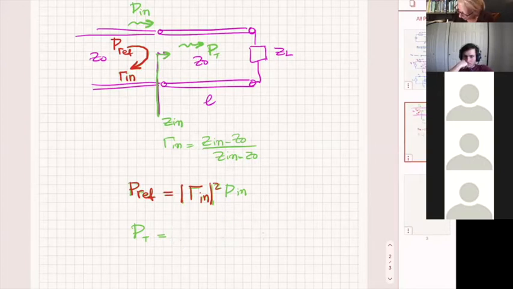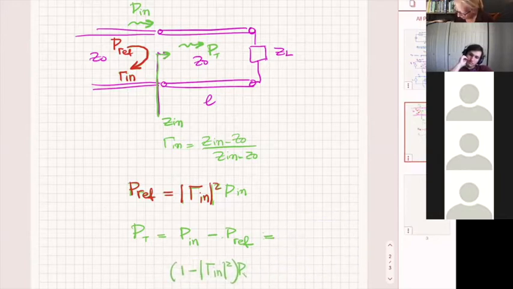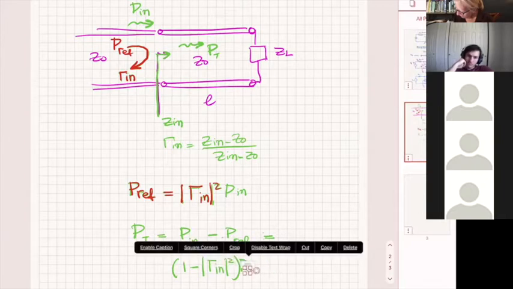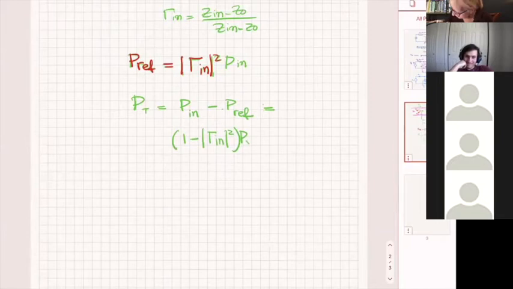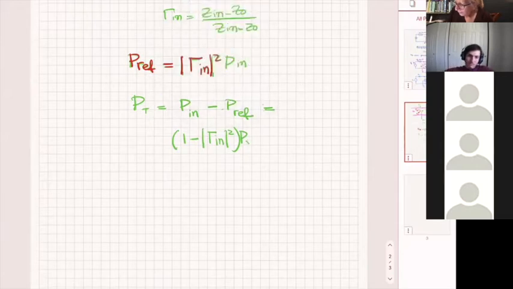This gives us 1 minus the magnitude of gamma in squared times P incident.